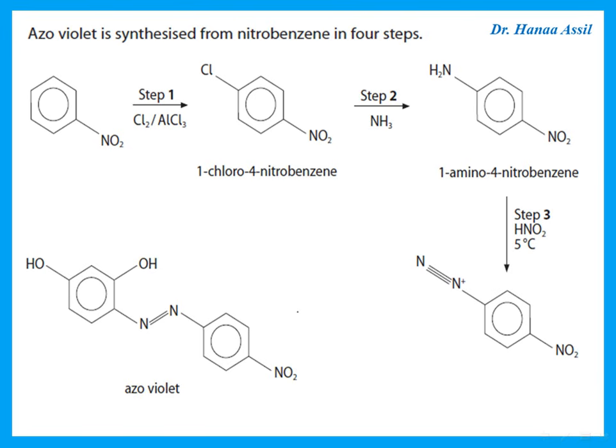How do I change this diazonium salt to my final product? I have to react it with this part of the compound. So that is the part we're adding. And of course, this coupling reaction is in presence of sodium hydroxide at 5 degrees Celsius. This gives me my final product.